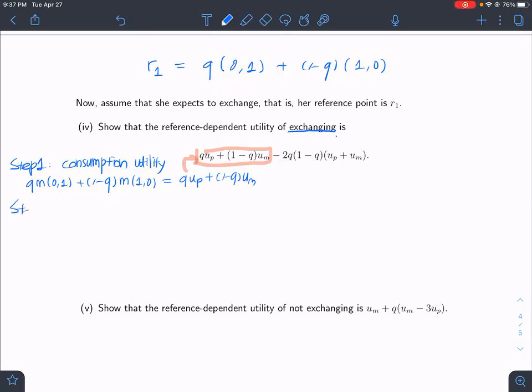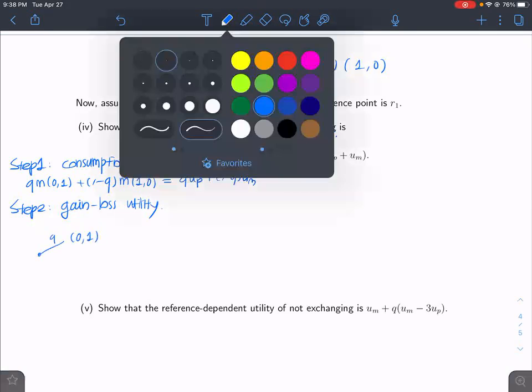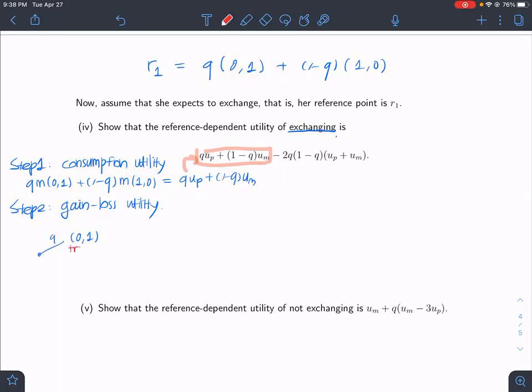Step 2 is the gain loss utility. In this case, I'm making a stochastic choice. So by probability Q, I am ending up with 0 and 1. So let me add some notes here.